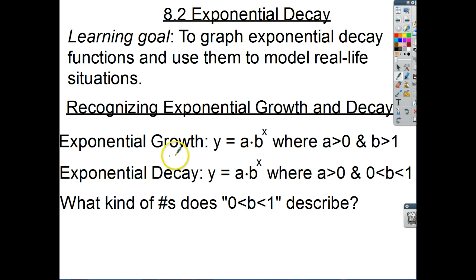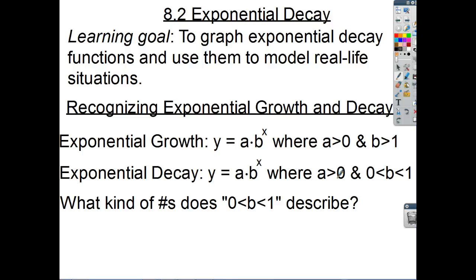A new definition today is for exponential decay, where y equals a times b to the x, and the conditions are different. Exponential decay is a function y equals a times b to the x, where the a is still positive, and again, if a is negative, we just don't have a growth or decay.